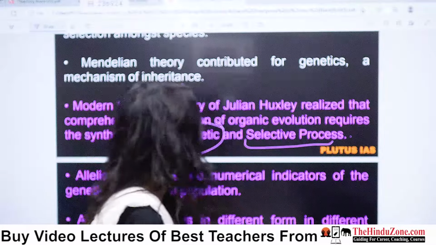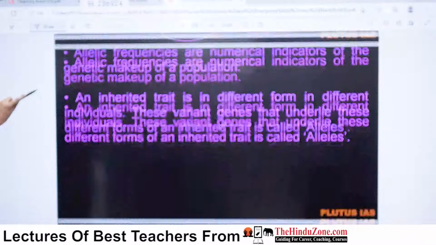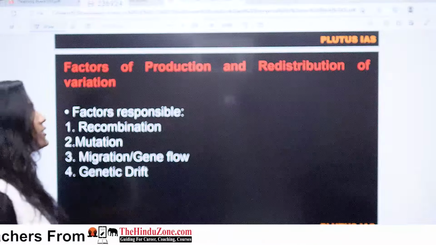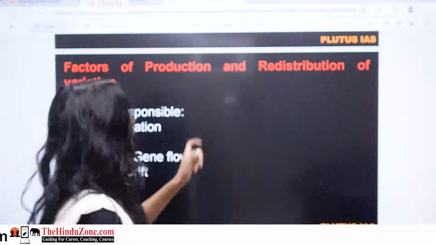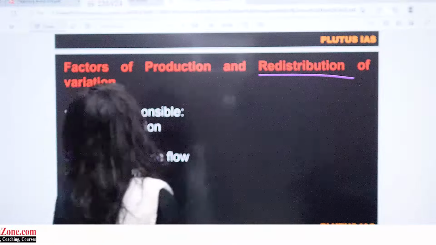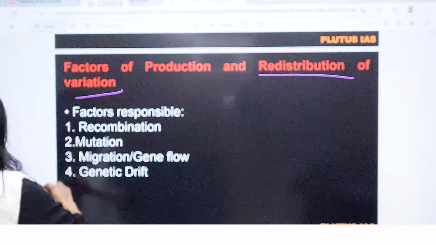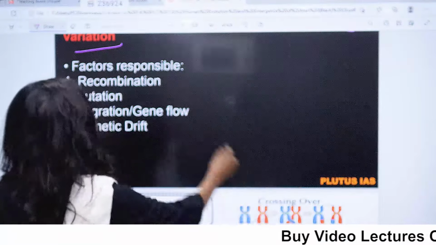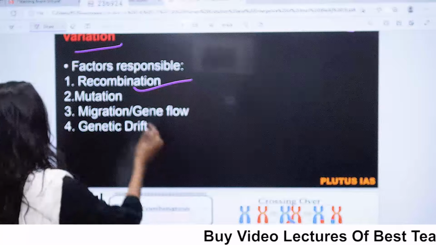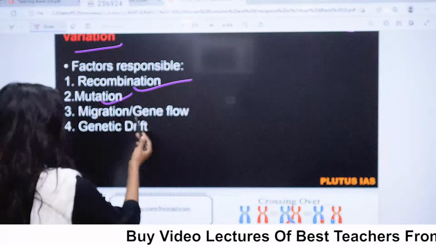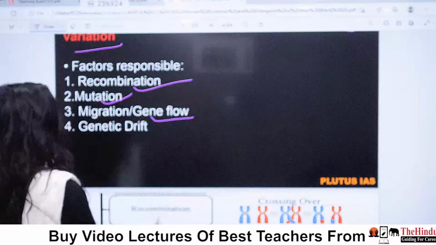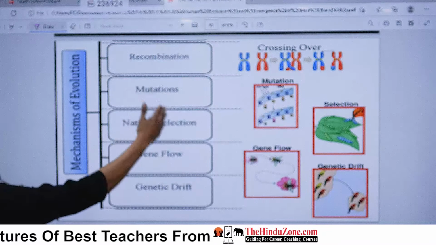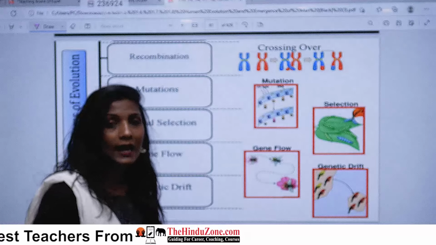Now, what are the factors of production and redistribution of variations? The factors responsible for variations are recombination, mutation, migration, which is also known as gene flow, and genetic drift.